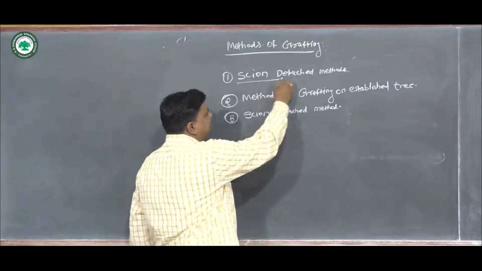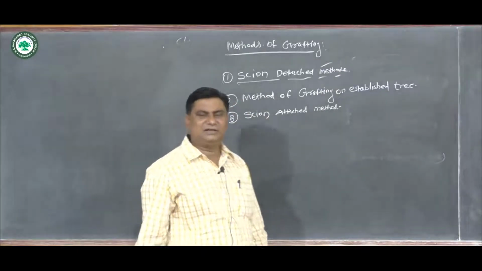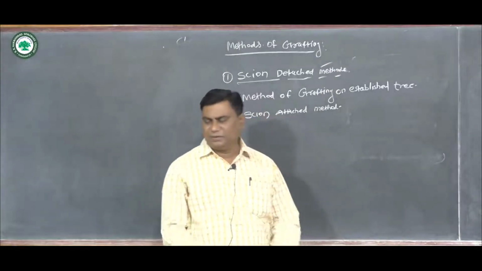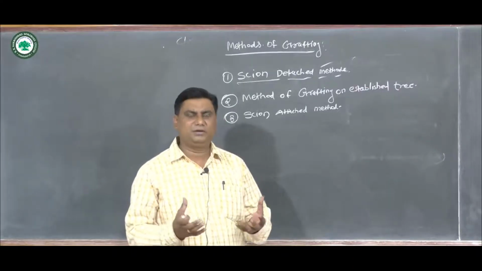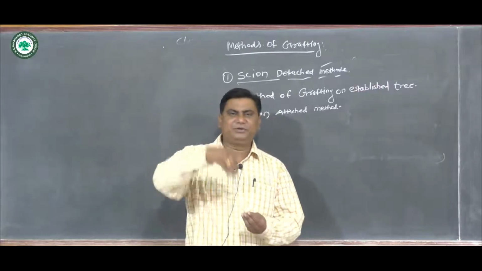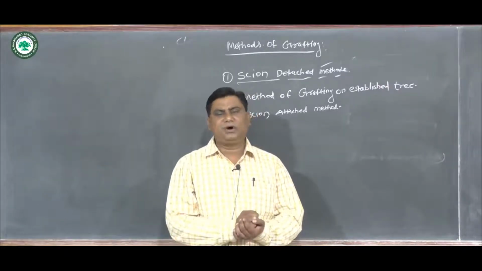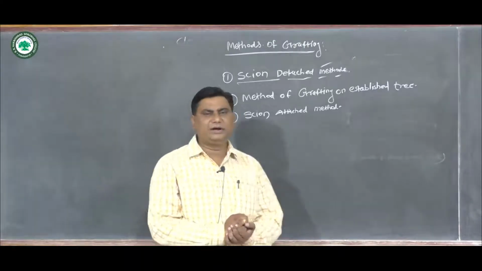Here the name itself indicates that the scion is detached from the mother plant, or what we call the scion tree, and then inserted into the stalk plant, or what we call rooted stalk.